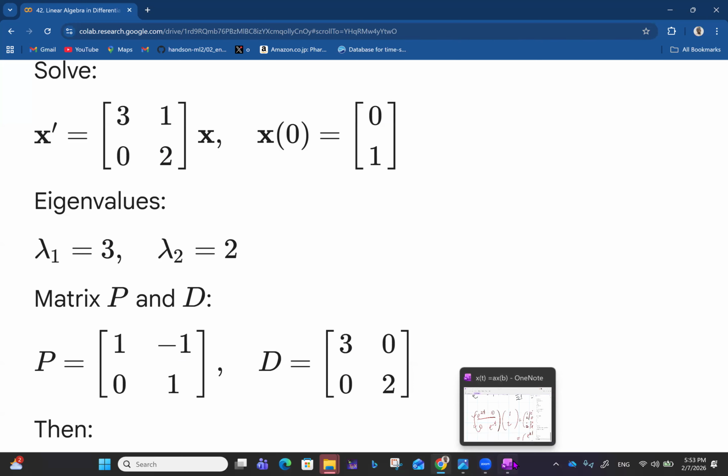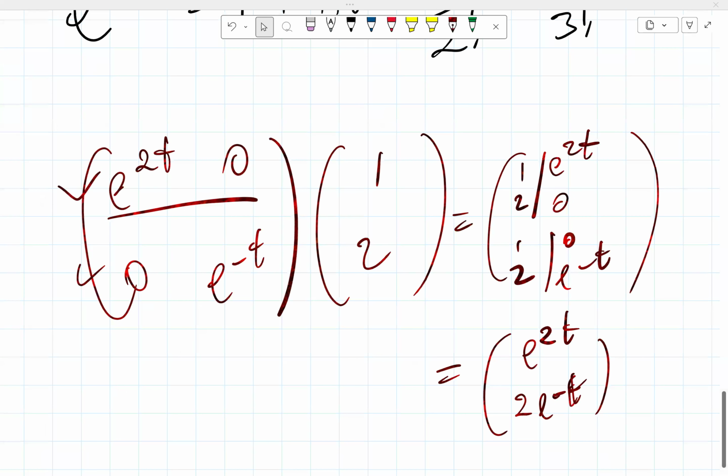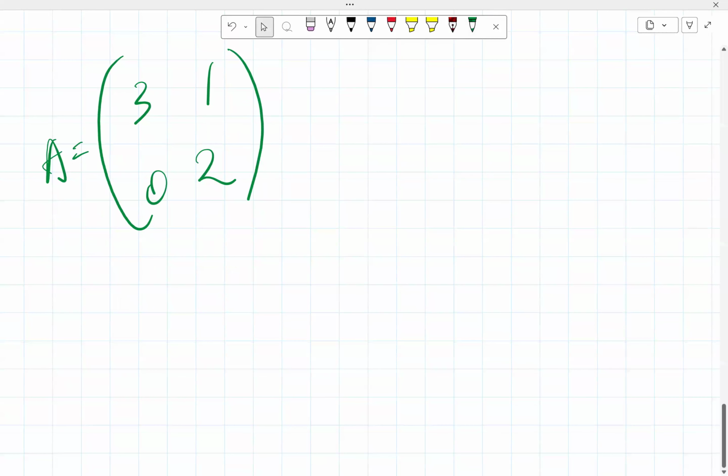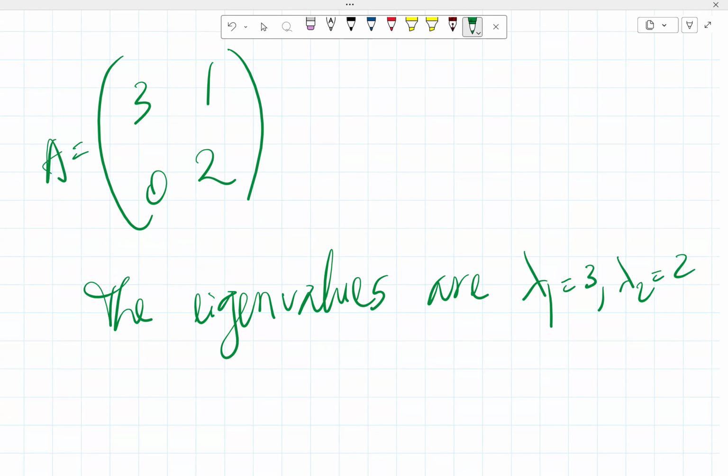For the matrix [3 1; 0 2], call that matrix A. The eigenvalues are lambda 1, which is 3, and lambda 2, which is 2. You can also say lambda 1 is 2 and lambda 2 is 3, but just make sure that everything corresponds.